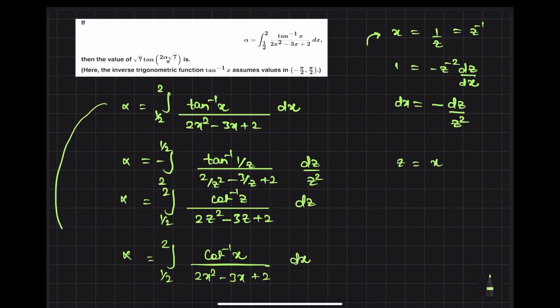Now look at equation 1 and equation 2. Both are alpha. In both the definite integrals, the lower limit and upper limit are the same and the denominator is the same. The variable parameter is also the same. So can I say that I can add both the equations? Right?